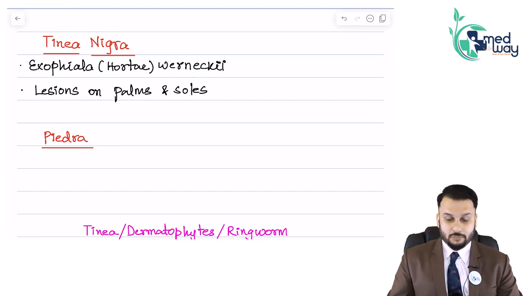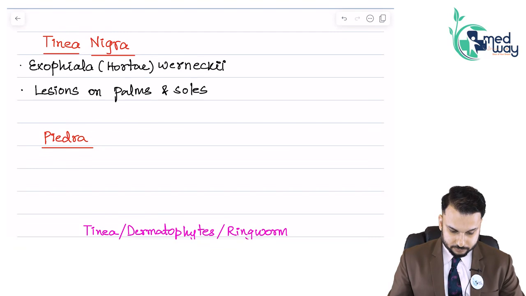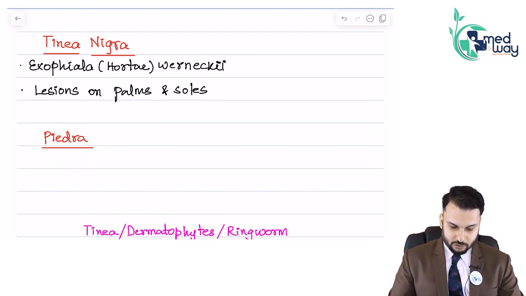Next is an infection called Piedra. So what exactly is Piedra? Let's have a look. Piedra basically is a lesion of the hair shaft. Okay, it is a lesion of the hair shaft.